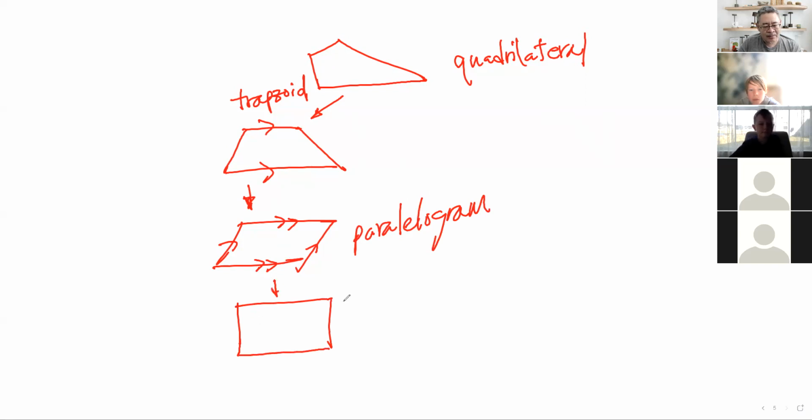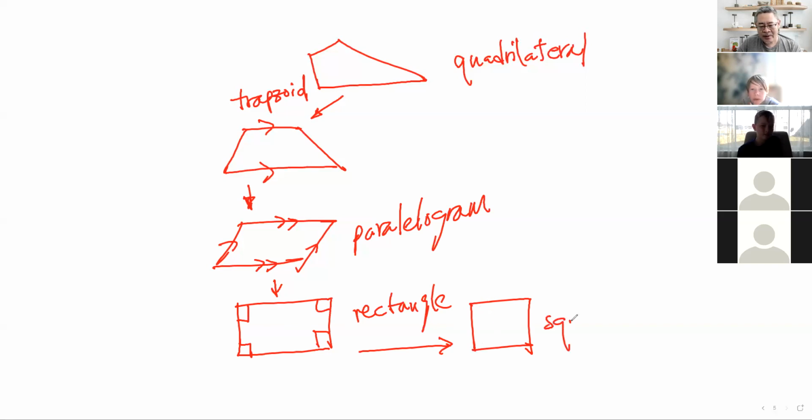That's a rectangle. So basically, a rectangle is a parallelogram. Okay, so this is a special case of that. So we got this. And of course, a special case of the rectangle is a square.